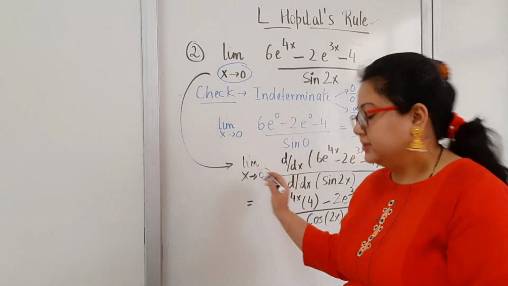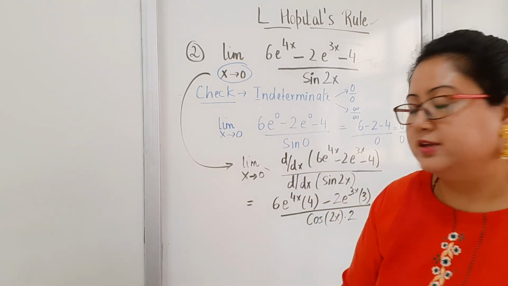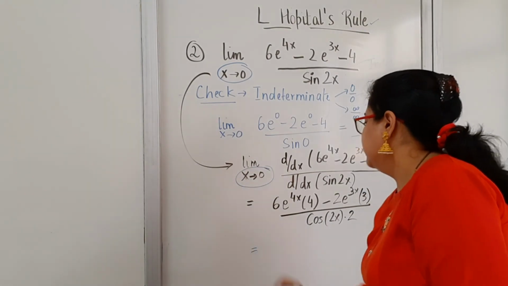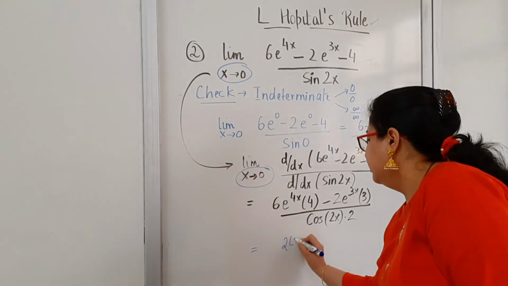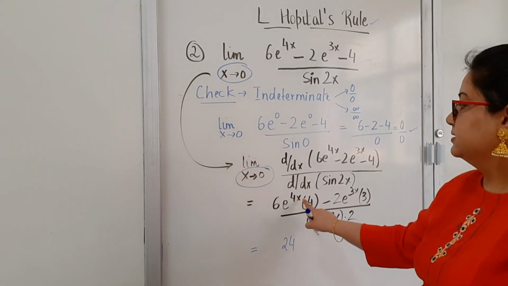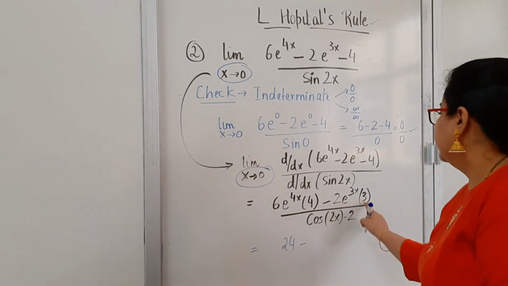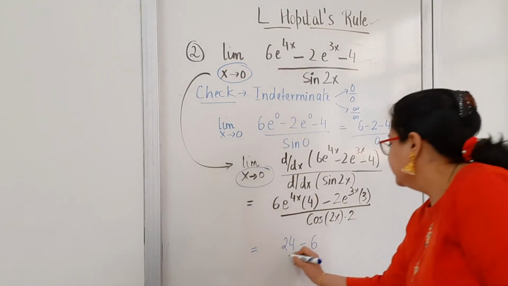Now we need to do the substitution. The limit is the same, so x will go to 0. Let's substitute and see what we get. 6 times 4 is 24. e to the power 0 is 1. And then 2 times 3 is 6. e to the power 0 is again 1.